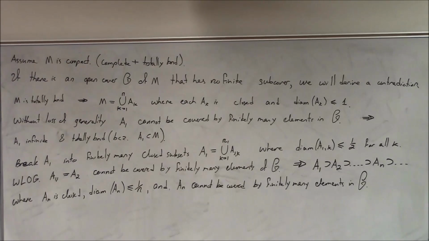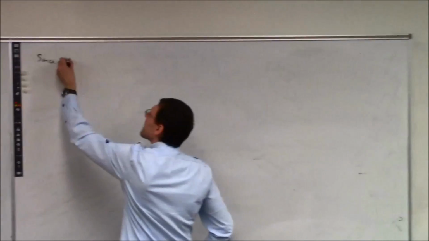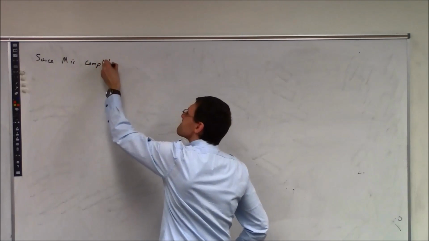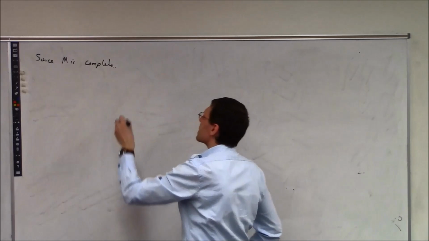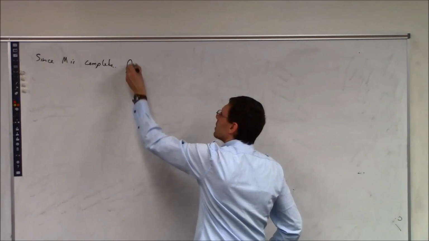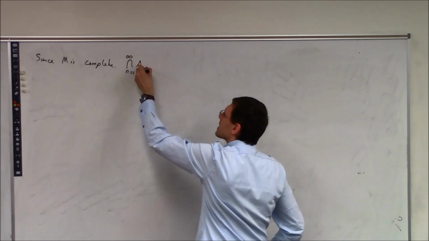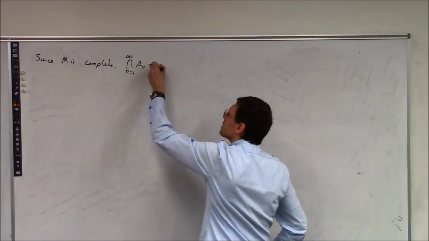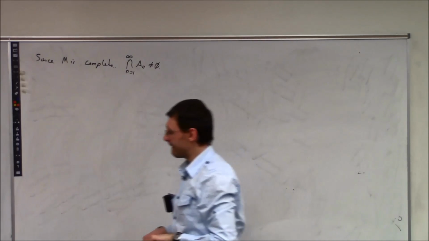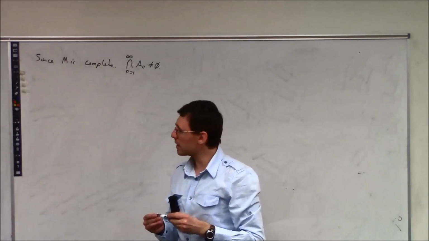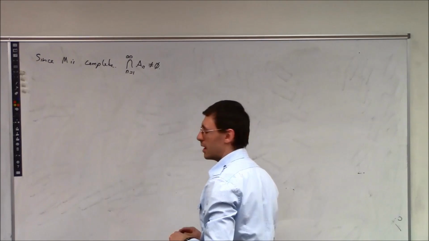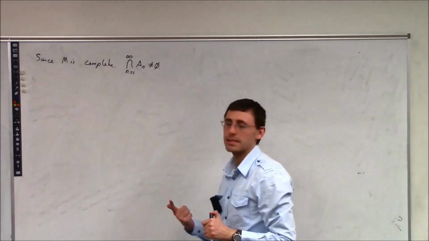Since M is complete, the intersection of n equal 1 to infinity of A sub n is not empty. Now remember, it's very important that the sequence we are using is by the nested set theorem. That's basically completeness is equivalent to the nested set theorem.